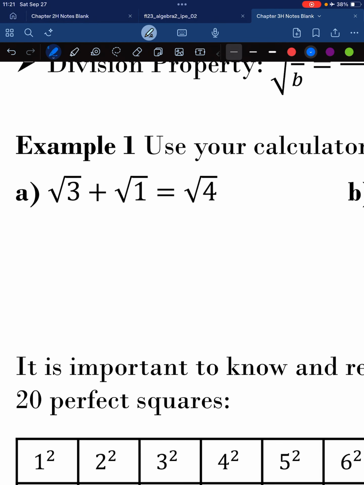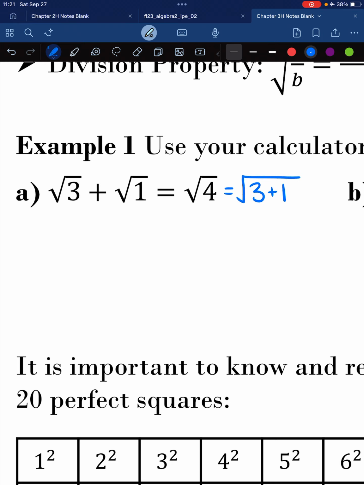Looking at example A here. Hopefully you recognize that I could rewrite the square root of 4 as the square root of 3 plus 1. These two things on the right side are equivalent to each other because that 3 plus 1 is still underneath the square root. You could type either of those in your calculator and you're going to get that both equal 2. Square root of 4 equals 2. The square root of 3 plus 1, all underneath just one radical, does equal 2.